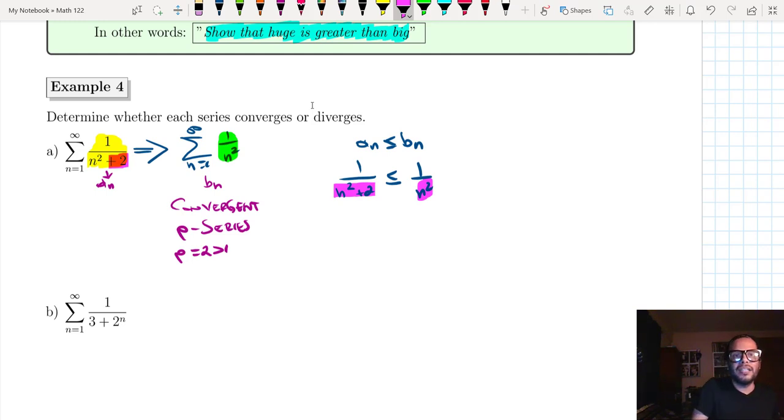So in this case, it is true that tiny is less than or equal to small.